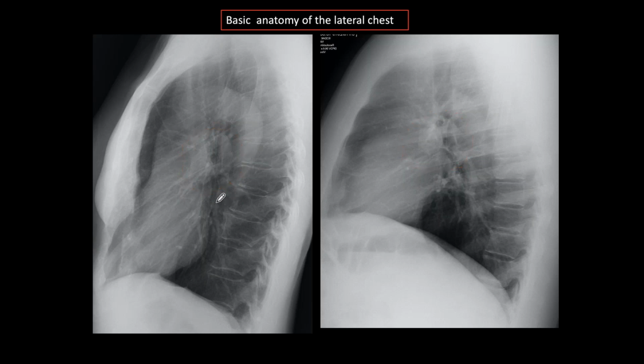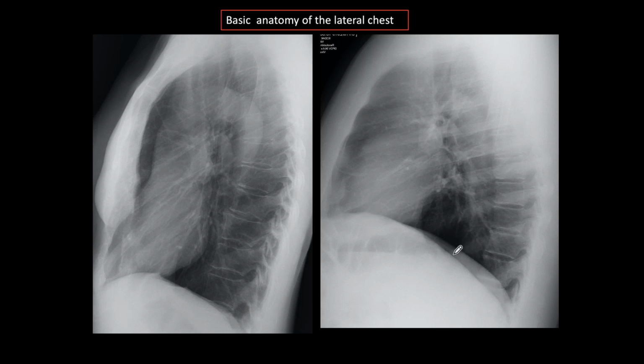What else do we see? Well, we see beautifully the shadow of the heart, smaller in this case and a little bit larger in this one, but still normal. We see the diaphragm, both hemidiaphragms, and we can identify them.